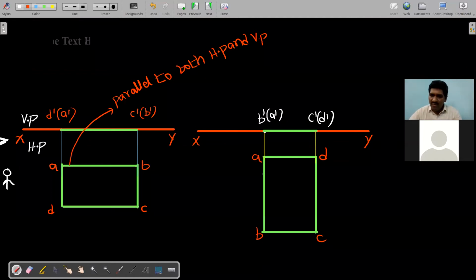Okay, but when you will draw this one, when one of its longest side, again I'm saying longest side, is parallel to HP and perpendicular to VP.